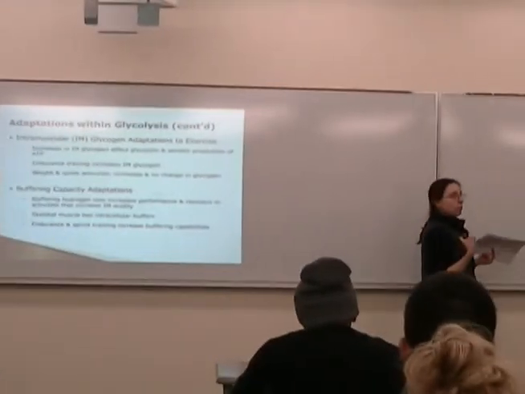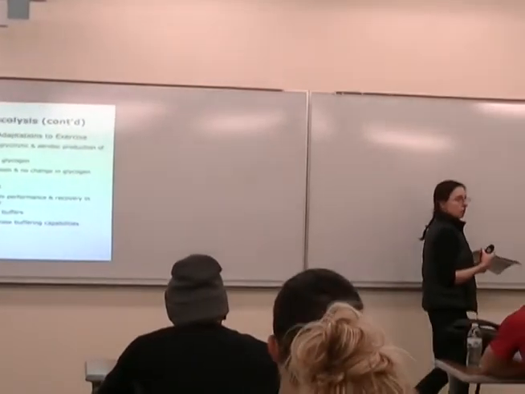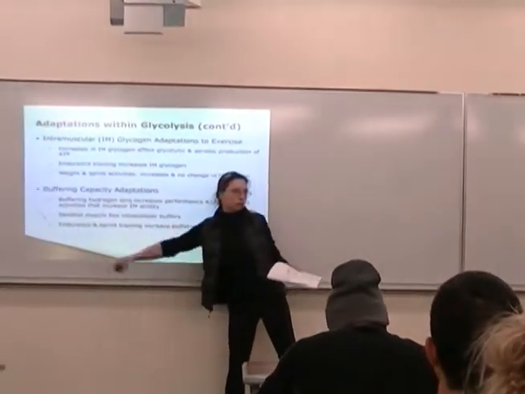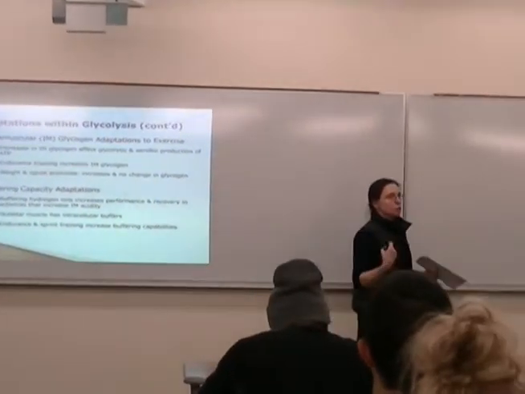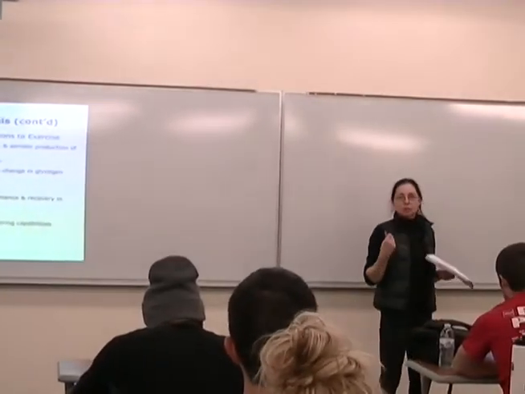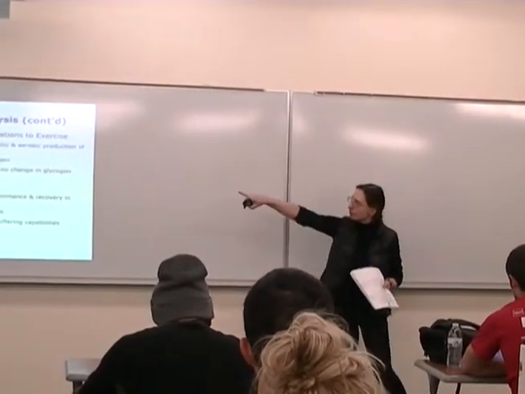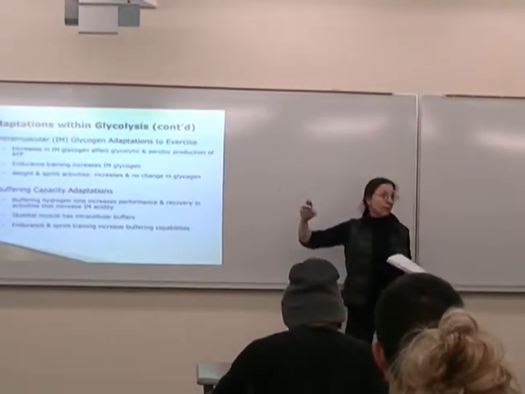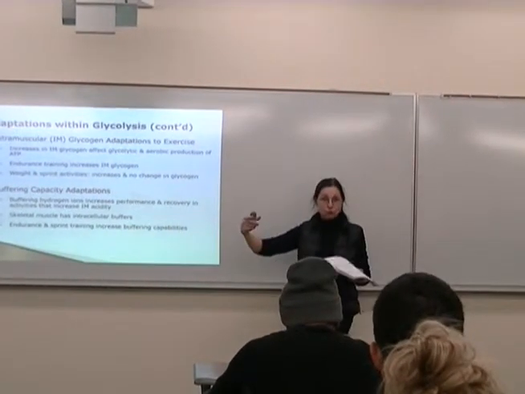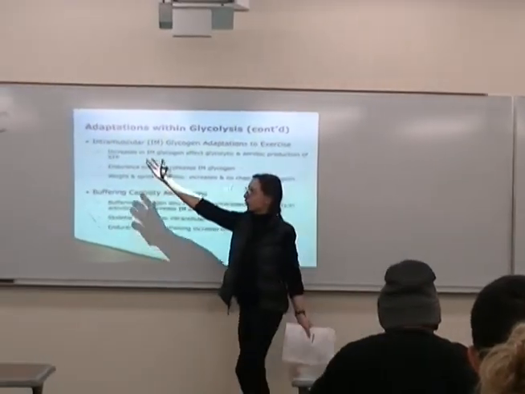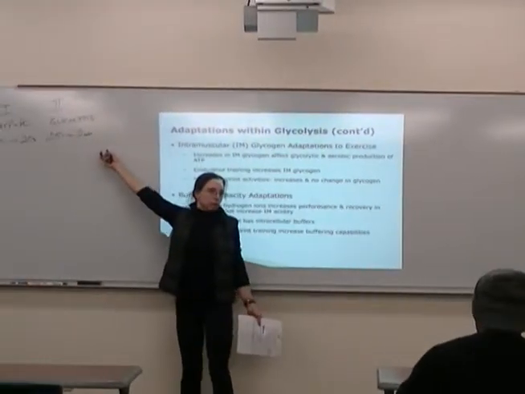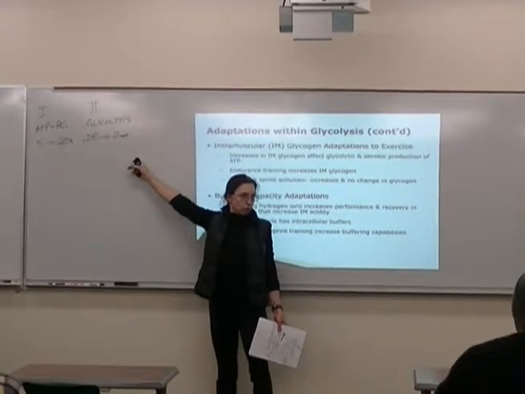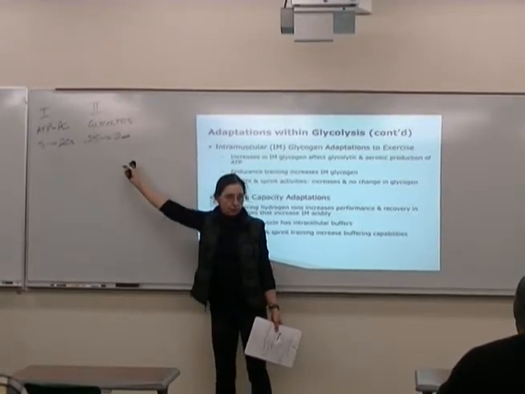By training the system, ignore the endurance bit for a minute, we'll come back to that today. If I'm doing a sprint event that is long enough to get me into predominantly system 2, so not 100 meters, not 200 meters, but a 400, 800s, then we're looking at the glycolytic system.